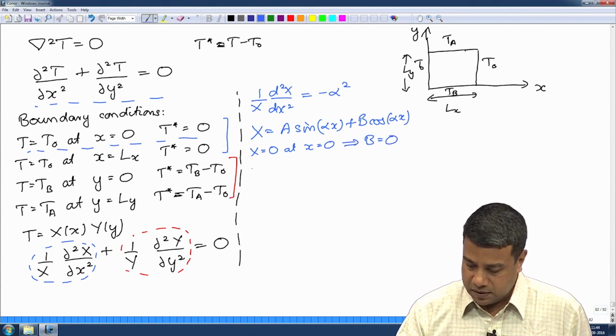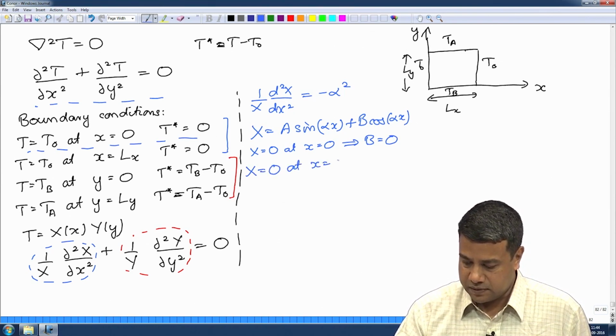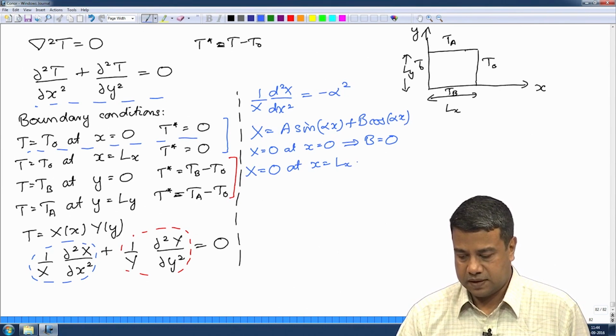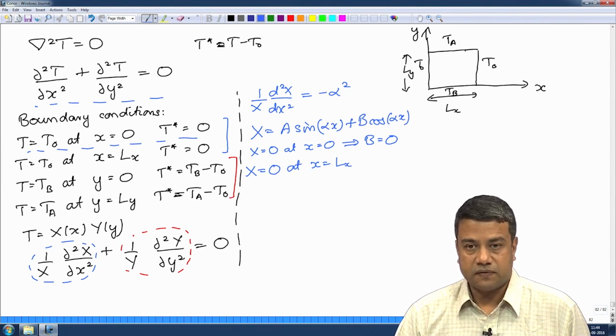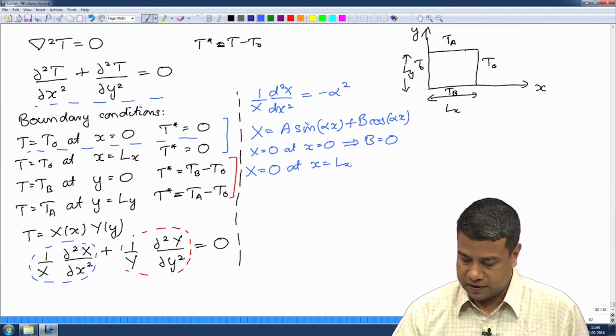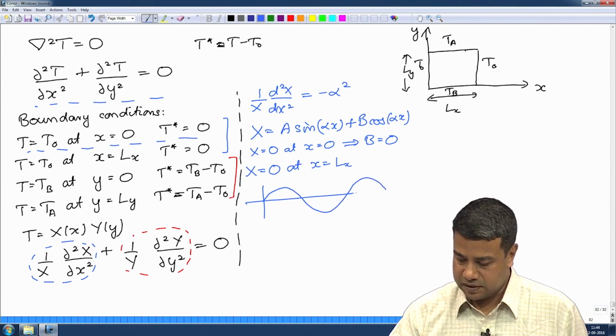I also have X is equal to 0 at x is equal to Lx. And that gives me a value of alpha, because these solutions are in the form of sine functions.